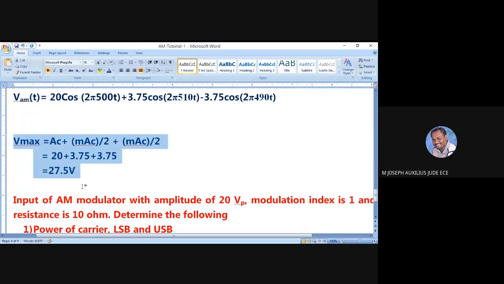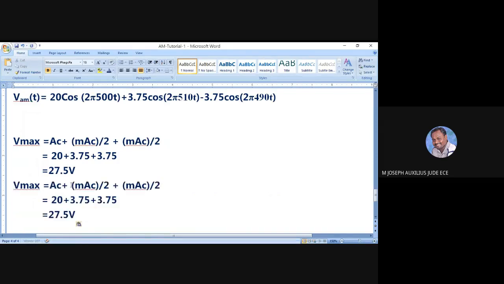Now we rewrite the equation for Vmin also. What is the equation for Vmin? This term will become minus, and this term will become minus. So what might be the value? 12.5 volts. 20 minus 7.5 is 12.5 volts. Very good.